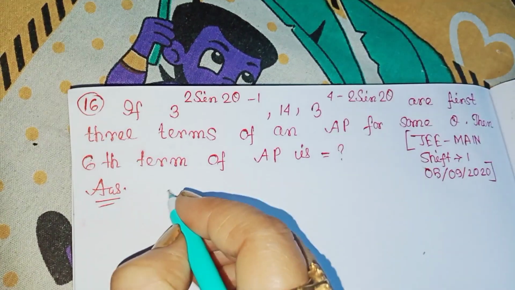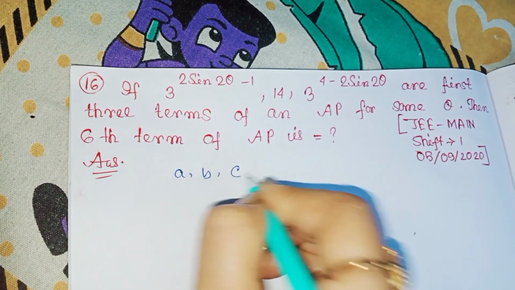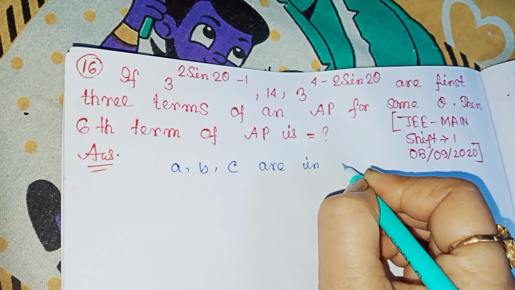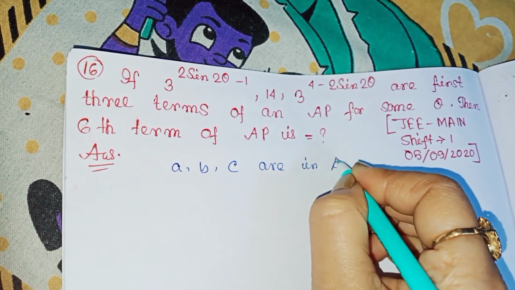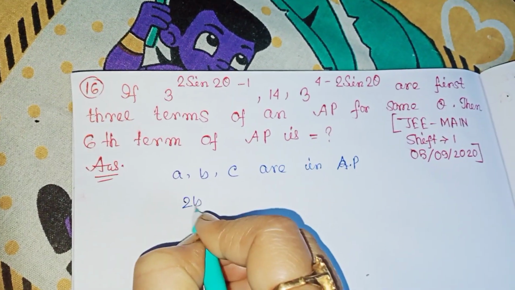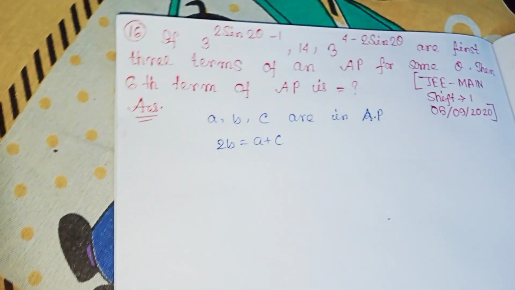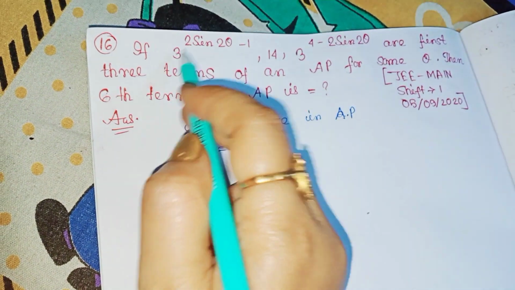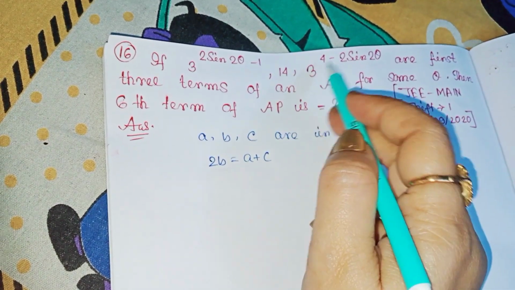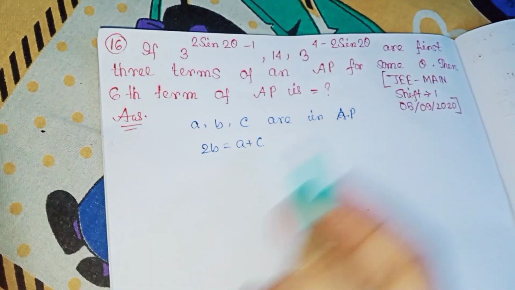We know that if three terms a, b, c are in AP, then 2b is equal to a plus c. So 3^(2 sin 2θ − 1), 14, 3^(4 − 2 sin 2θ) are in AP.